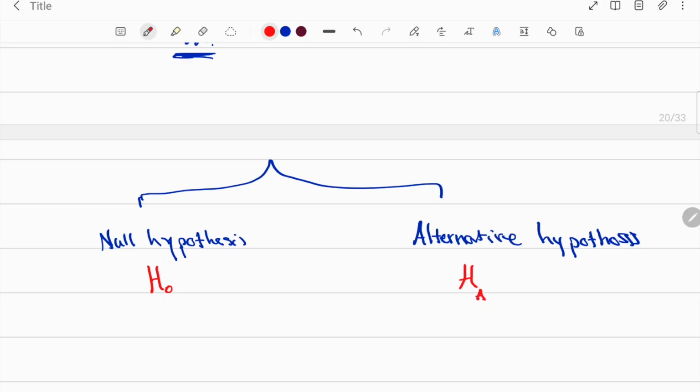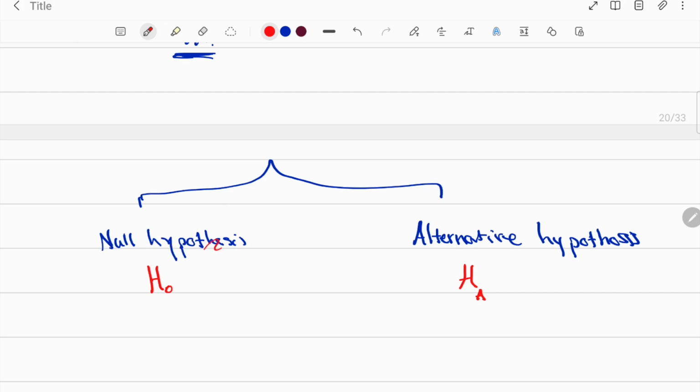After formulating the two hypotheses, we are going to assess the evidence from the data to determine which one of these hypotheses is supported. What is the difference between the two hypotheses now? The null hypothesis always represents the assumption of no difference or no relationship. There's no difference, there's no relationship, there's no effect in the population.